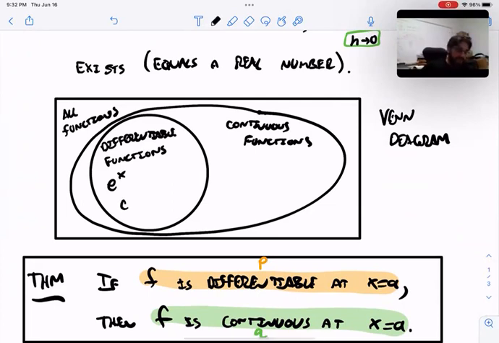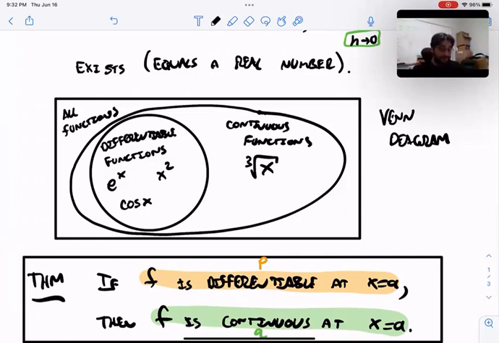You'd have functions like cosine of x, which is both differentiable and continuous everywhere. X squared is differentiable and continuous everywhere. But then out here, outside the differentiable circle, in the continuous area, you would have a function like cubed root of x, right? The example we just did, which is continuous everywhere, but it's not differentiable everywhere, right? So this is how you can look at that kind of diagram.